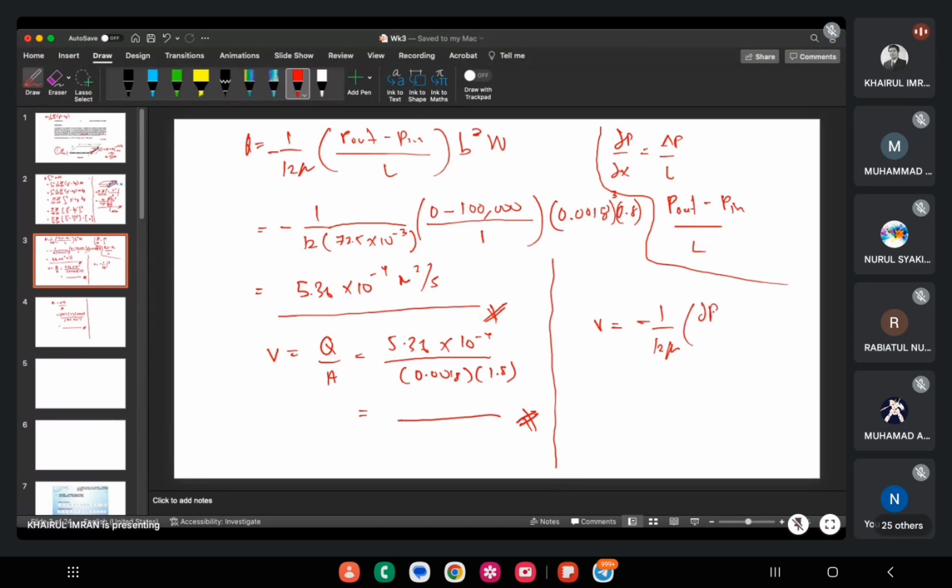Let's say you use the del P over del X. No problem if you use P out minus P in divided by L either. B cubed multiplied with W. Now area is BW, so cancel. Cancel. So this becomes B squared. Cancel this becomes 2. So negative 1/12 mu del P over del X B squared. So this is in terms of expression.